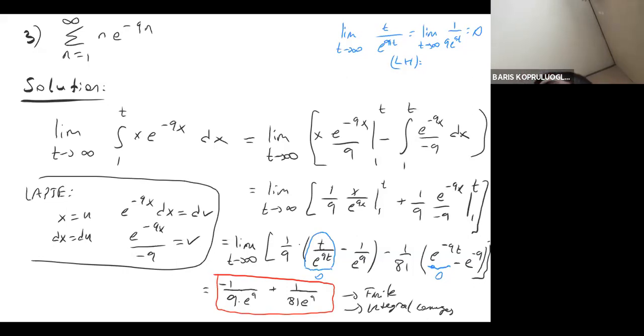Any questions on this problem? I think this was supposed to be a minus, which is a very small change.